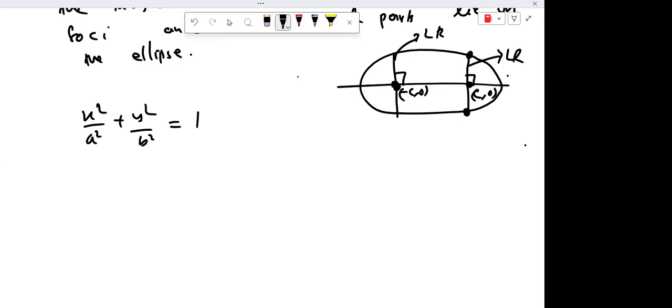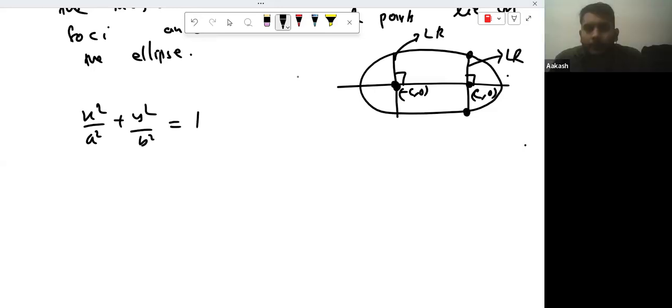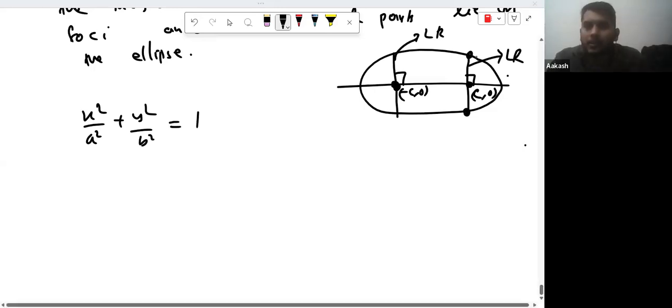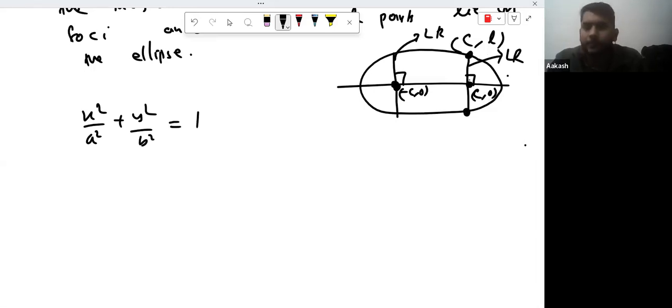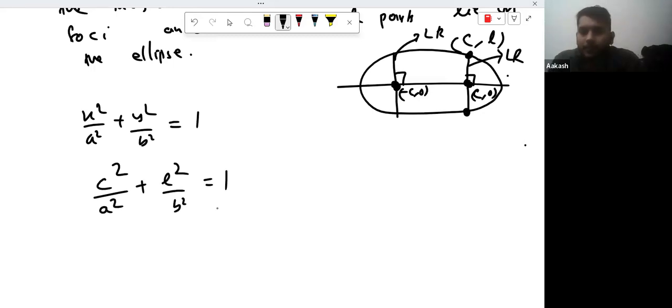Suppose I take this point, c comma L. The length of LR we have to calculate. Here x is c, so c square by a square plus L square by b square equals 1.